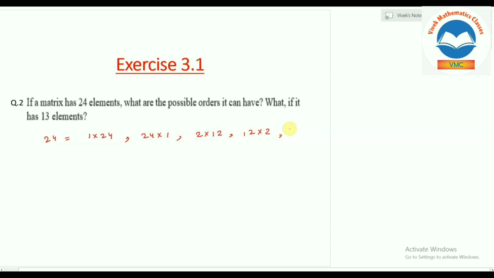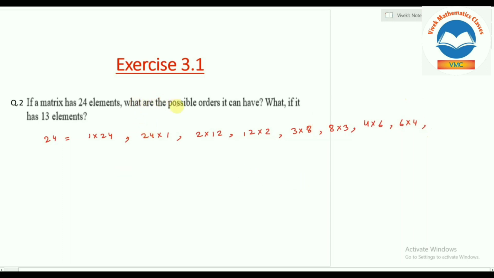Next, if you take 3, then 3 cross 8 and next will be 8 cross 3, the reverse. If you take 4, then 6 will be your answer, so 4 cross 6 and 6 cross 4 also you can write. That's all I think. 6, 7 we can't take, 8 already we have taken.